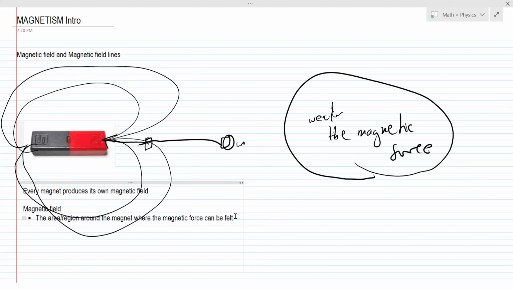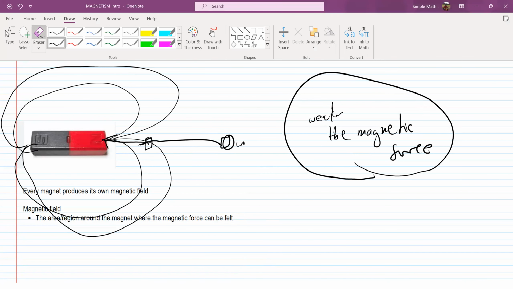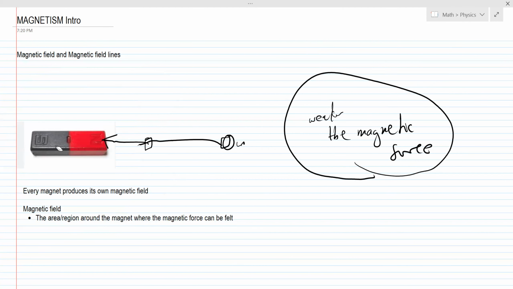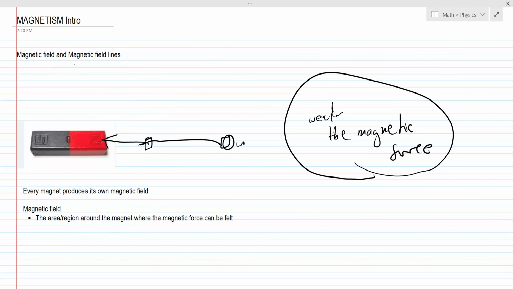Now, how do we know the direction of this magnetic field? It's an area around the magnet, but we can't actually see it with our naked eyes. But we can represent the magnetic field using what we call magnetic field lines, and these always go from north to south, like this.